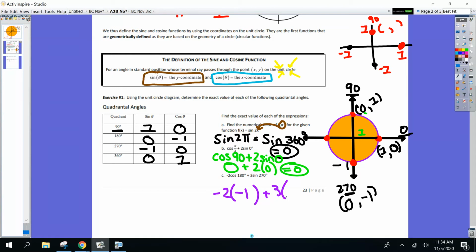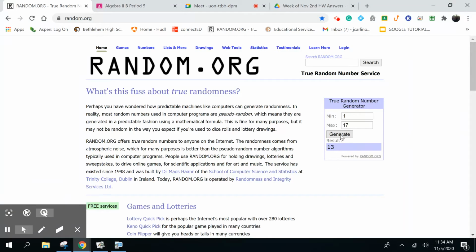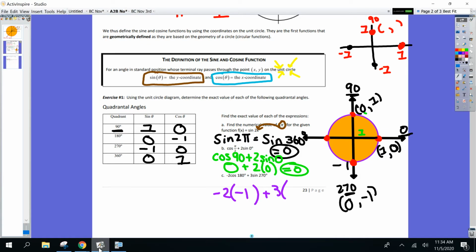Go to the y. The y coordinate at 270 is negative 1. So what do I have there? 2 minus 3, so negative 1 for that one.